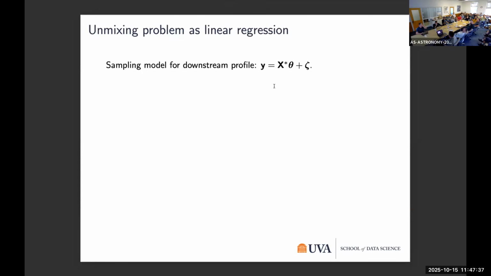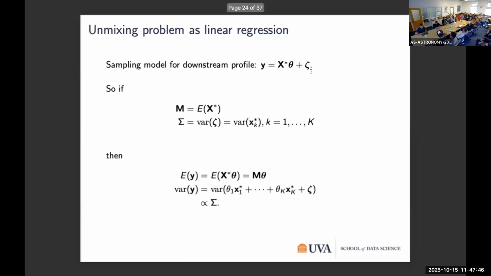So rewriting the sampling model that we already had, we have the downstream profile is a linear combination of these unobserved profiles plus, potentially some noise that I'm representing with this zeta term. If that's the case, then on average, this unknown profile, we'll call this matrix of true average profiles, we'll label that with M. And we're going to assume here that the variance of both this additional error term and the variance of the individual unobserved profiles all are just some common covariance matrix sigma.